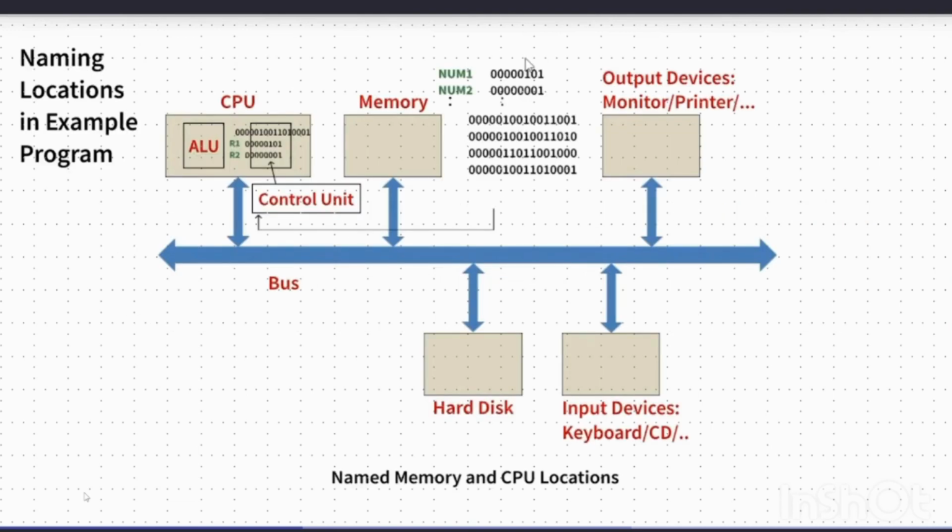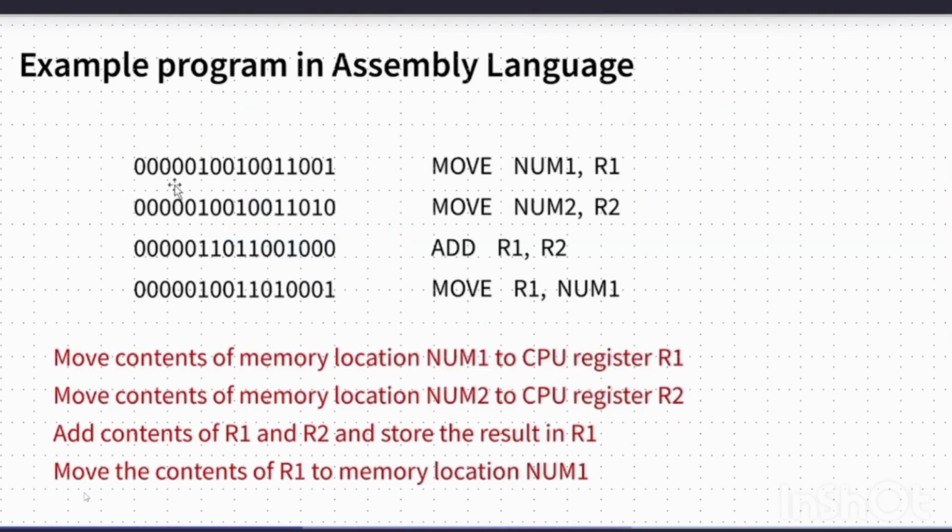The locations are named num1 and num2 in assembly language, as you can see, and in the CPU as R1 and R2. This statement in binary format is written this way in assembly language. Move num1 in memory to R1, the R1 location in the CPU. The same for the second number.